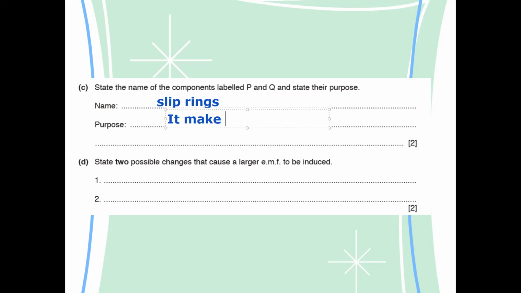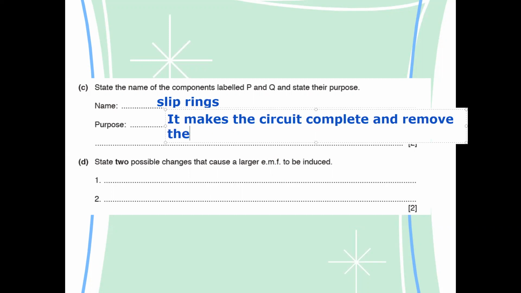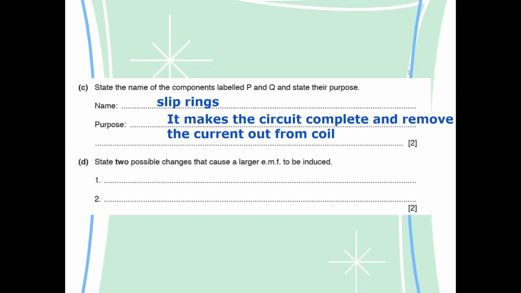It makes the circuit complete and draws the current out from the rectangular coil, or we can say coil. So slip rings are mainly used to remove the current out from the coil, so we can use that current.